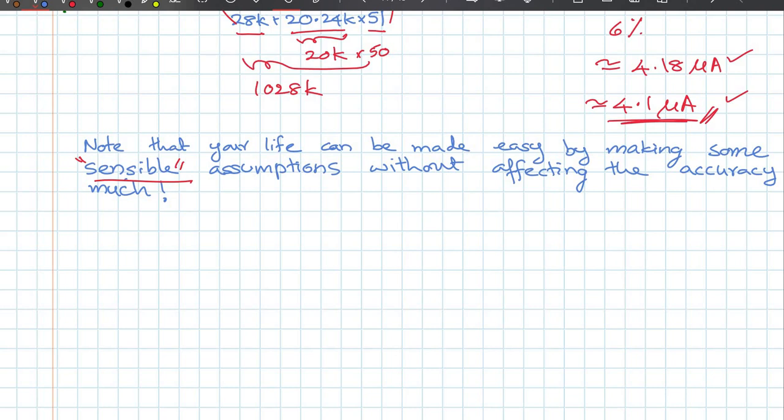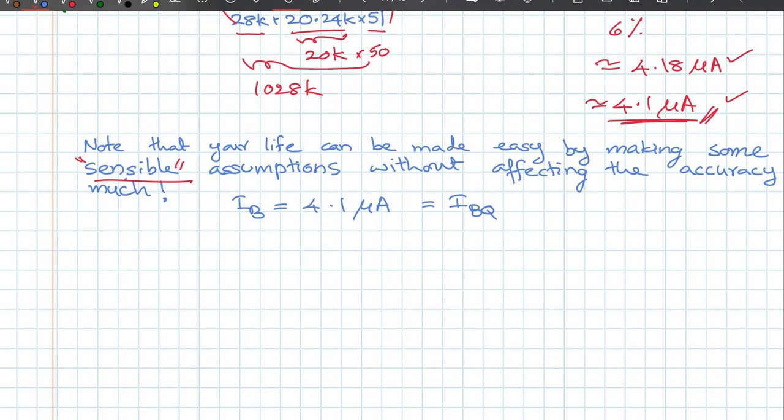Okay, now we know the IB. IB is equal to 4.1 microamperes. Let's say this is our final value that we choose. So therefore, what is IC? This is basically the IBQ, the quiescent current, because these are the DC conditions.